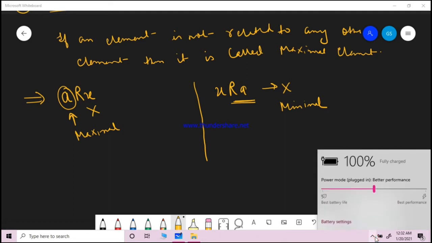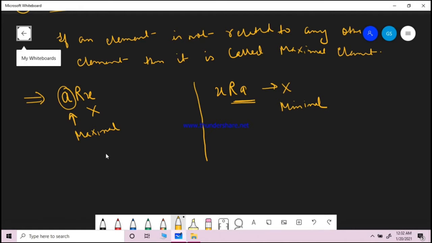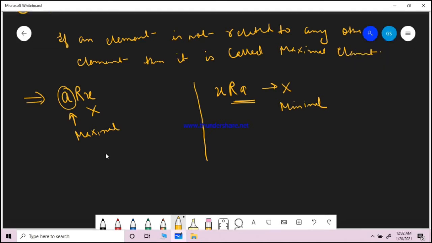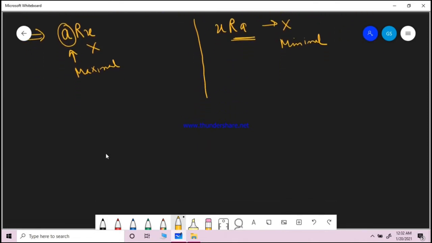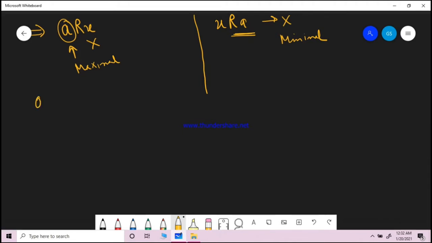So now for this we have to consider certain examples. Let's see with some examples. The first example is this. Suppose I have a set, this is a poset.